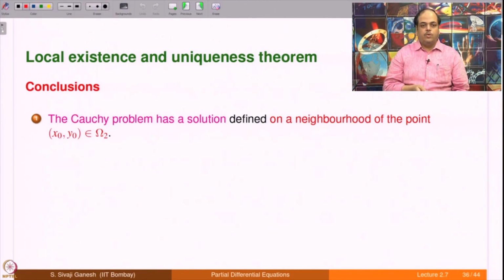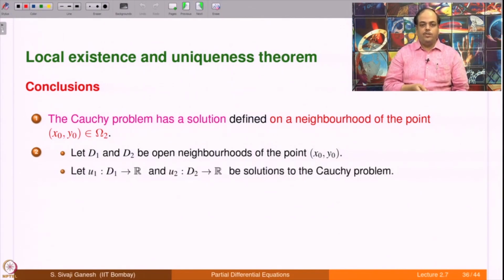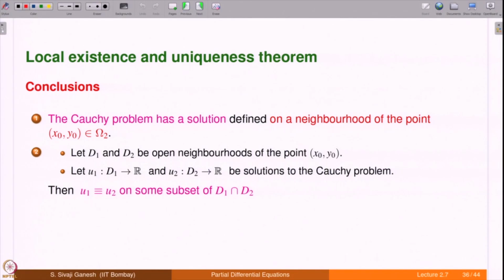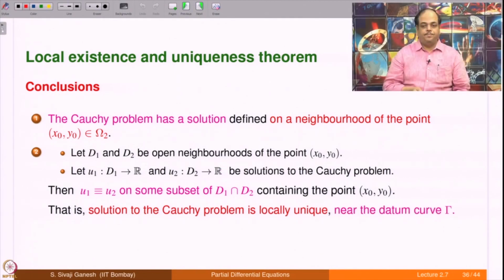Conclusions: the Cauchy problem has a solution defined on a neighborhood of the point (x0, y0), and let D1, D2 be open neighborhoods of the point (x0, y0). Let u1, u2 be defined on D1, D2 respectively be solutions to the Cauchy problem, and then u1 will be identically equal to u2 on some subset of D1 intersection D2. Of course, it contains the point (x0, y0). That is, the solution to the Cauchy problem is locally unique near the datum curve gamma.